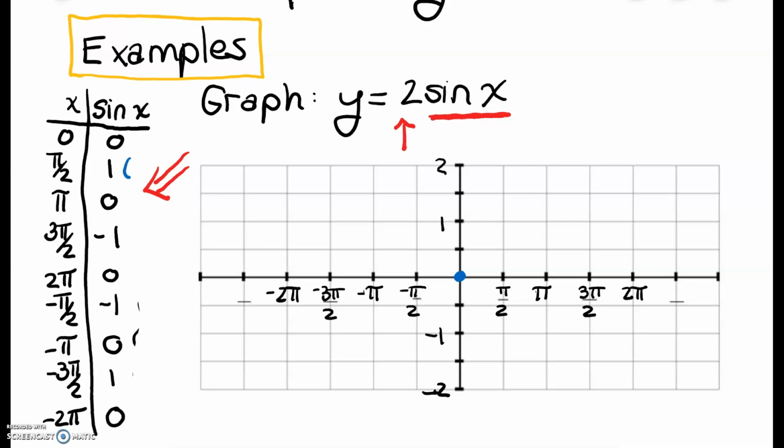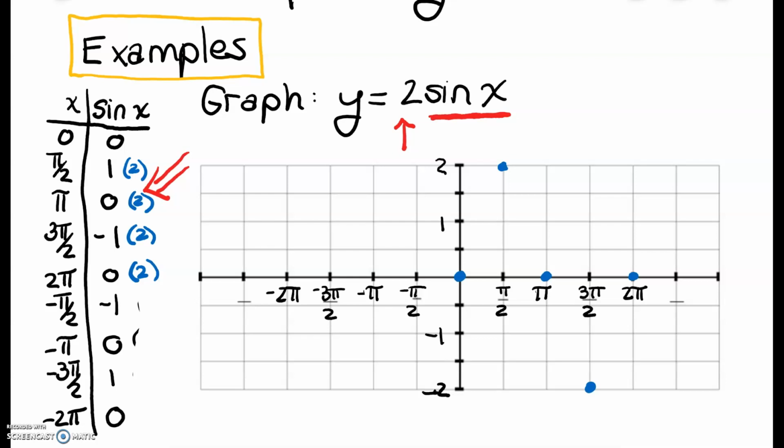Sine of pi over 2 radians is 1, so when I multiply that by 2 I get 2. Sine of pi is 0, when I multiply that by 2 I get 0. Sine of 3 pi over 2 is negative 1, so when I multiply that by 2 I get negative 2. Sine of 2 pi is 0, so I get 0 when I multiply by 2.